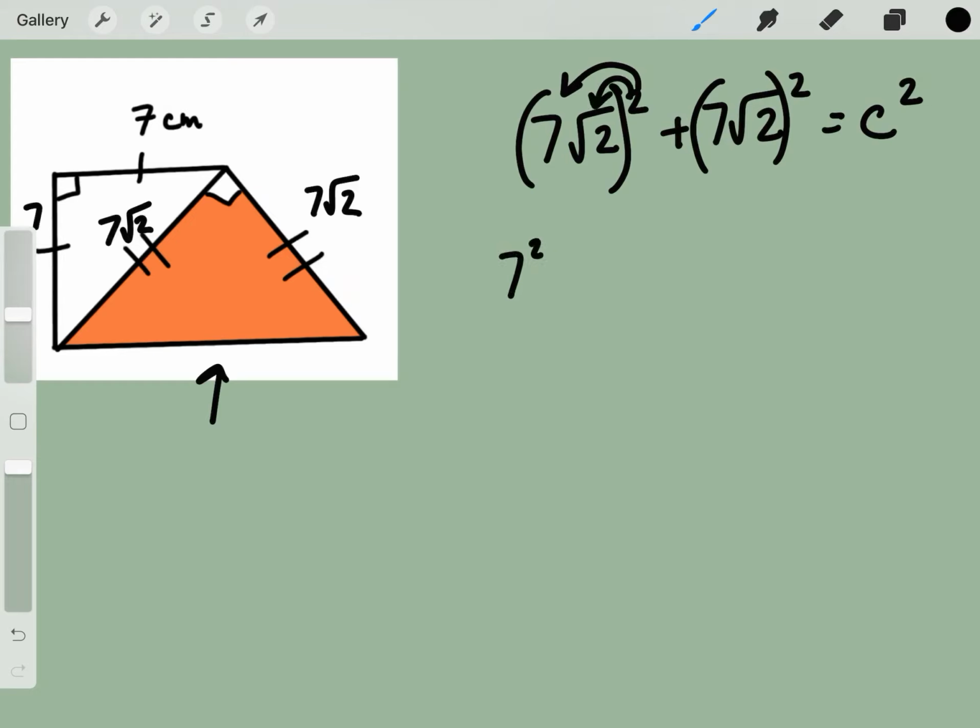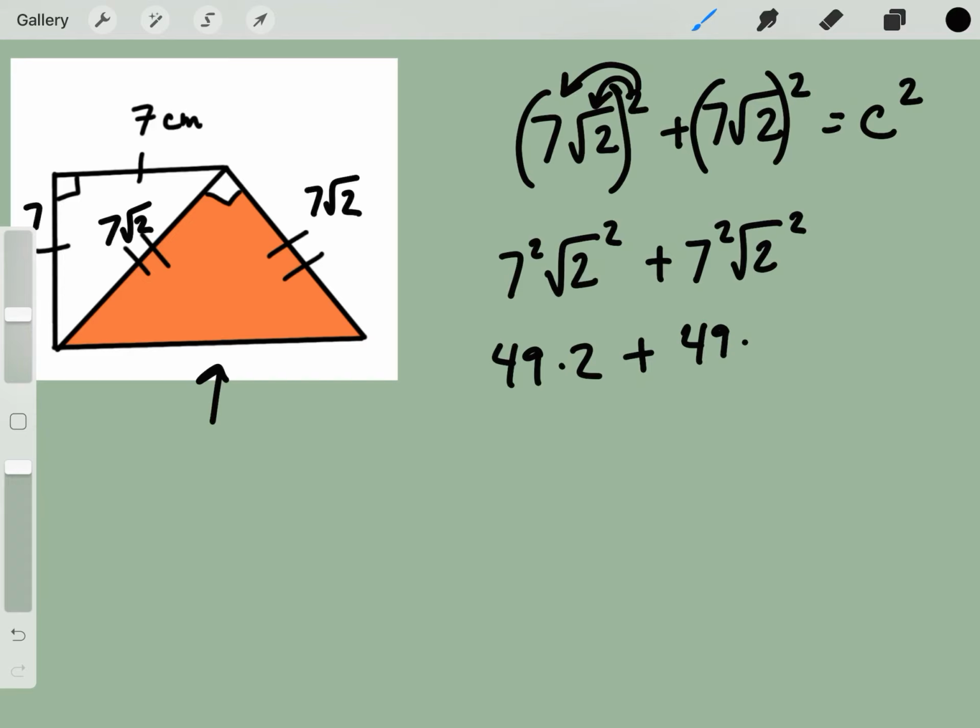So we get 7 squared times radical 2 squared plus 7 squared times radical 2 squared. 7 squared becomes 49. Radical 2 squared is just 2. Plus 7 squared is once again 49. And radical 2 squared is just 2. Making each of these 98. And that's what we're going to have to add together.